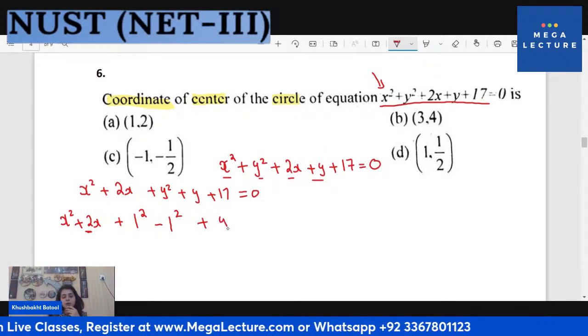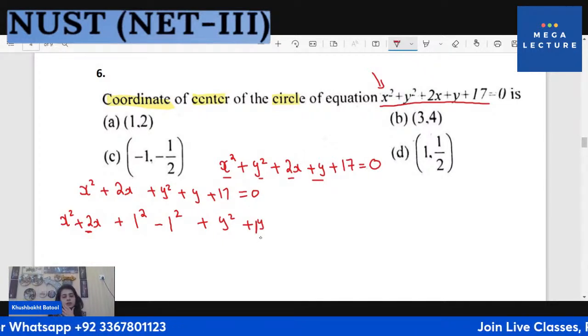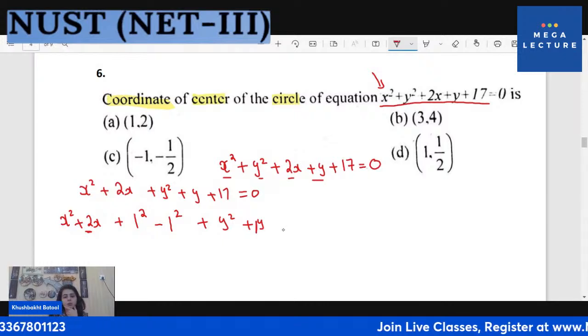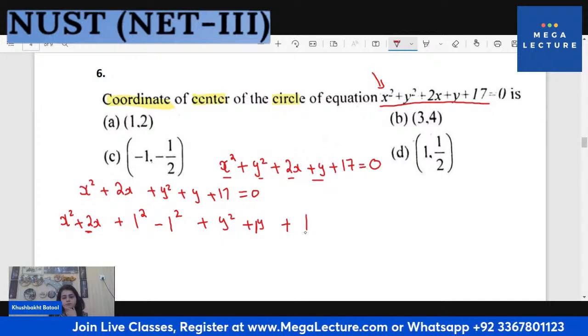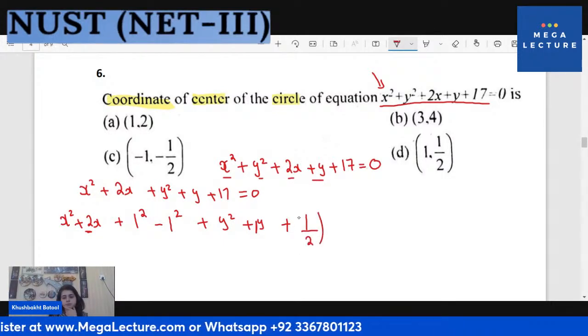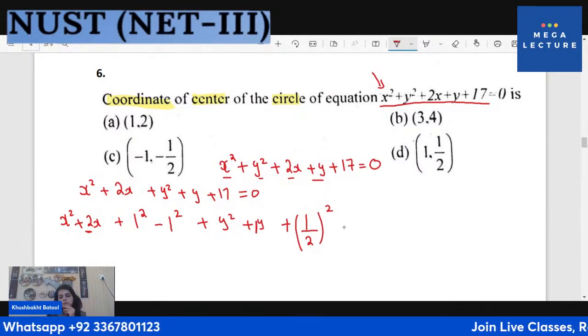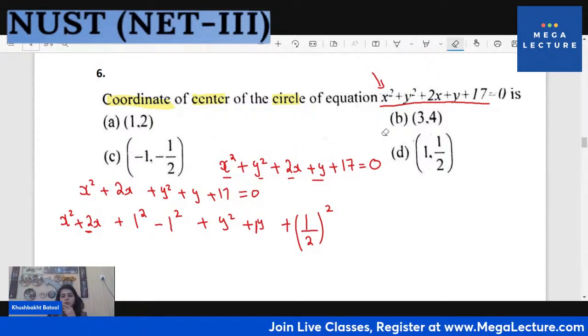Plus y squared plus y, half of the y coefficient here is 1, so it would be plus (1/2) squared and then minus (1/2) squared.